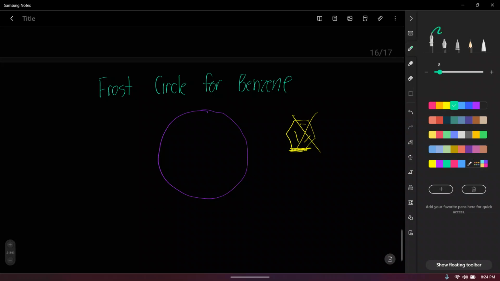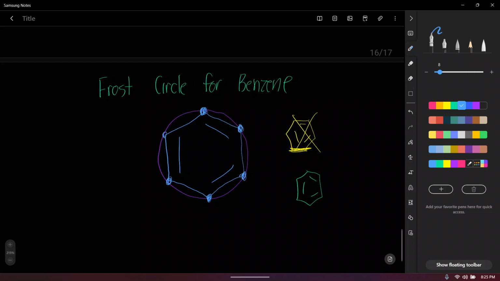The other way to draw benzene is to rotate it a little bit, so now the bottom is a point. Now I can put this in my Frost circle. I'm going to make the point right here. And then I can put in my double bonds if I really want to. Hopefully you can see that would be the Frost circle for benzene.